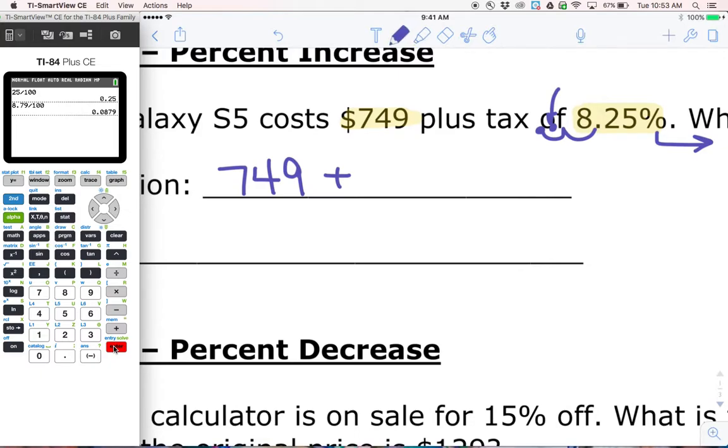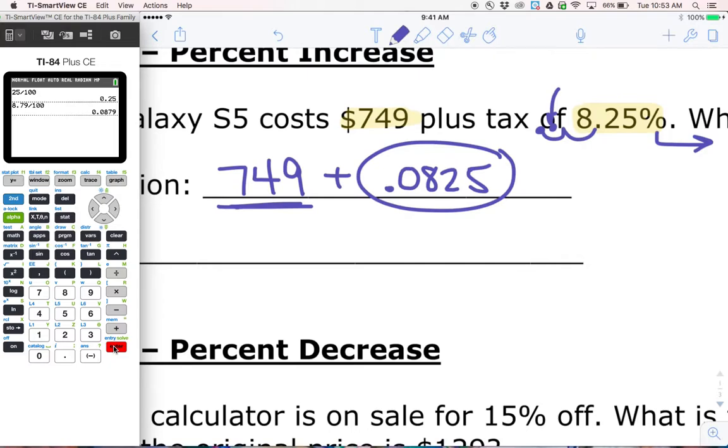Guys, that means that we multiply. If we just added 0.0825, it would be 749 plus 0.8 cents no matter what we're buying. That doesn't make sense. It has to be a percentage of the price. So the percentage is multiplying the price.